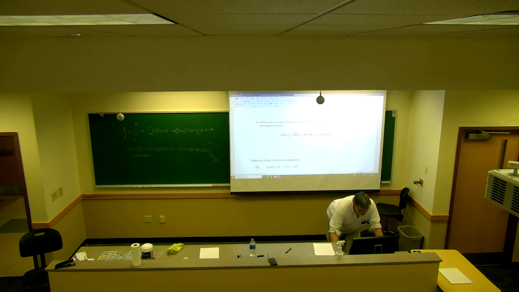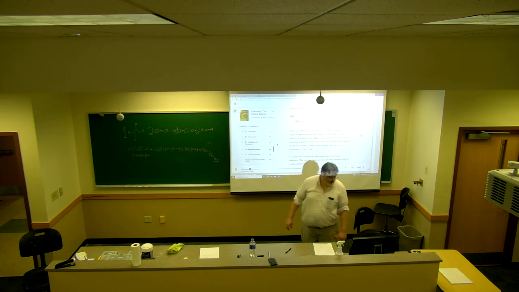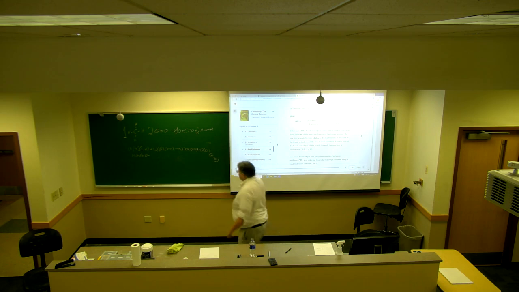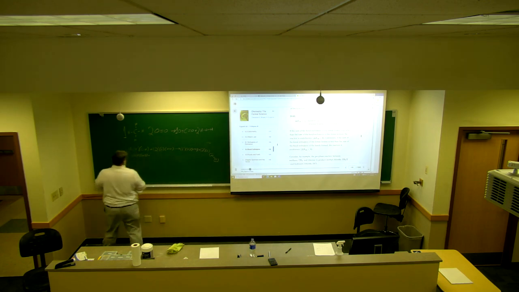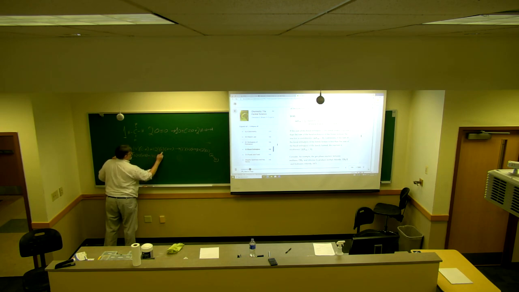To this real quick. These are the bonds that are breaking. We've got 2, 1. What is the O to O double bond? 495.